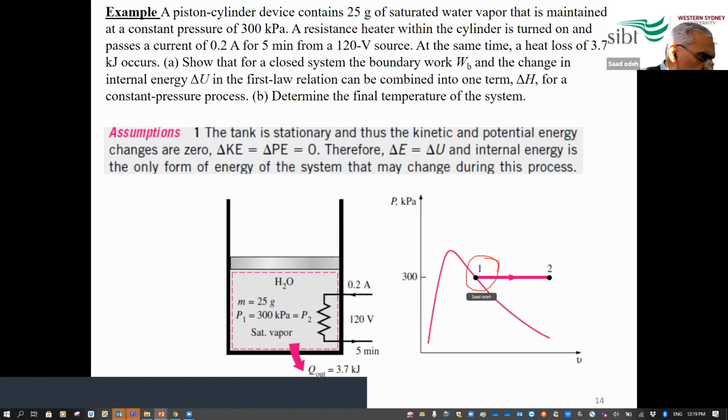H1 is equal to Hg from tables, H gas. So if I go to steam tables, saturated steam at pressure 300, I can find Hg, which is H1.